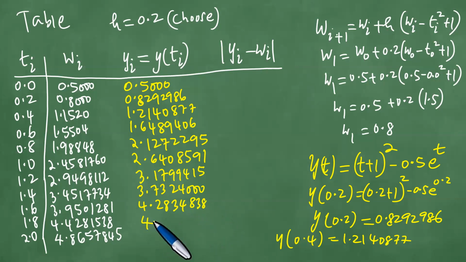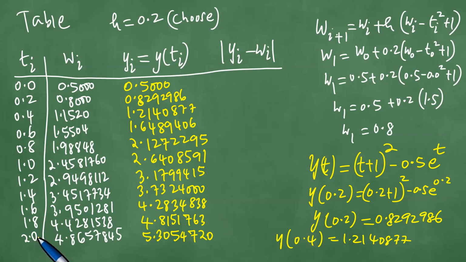And then now you have 4.8151763. And then here you have 5.3054720.